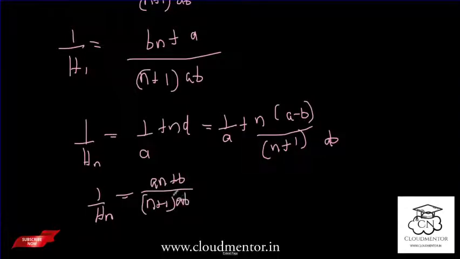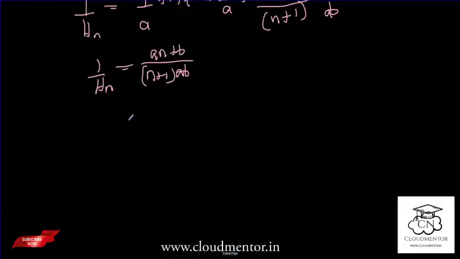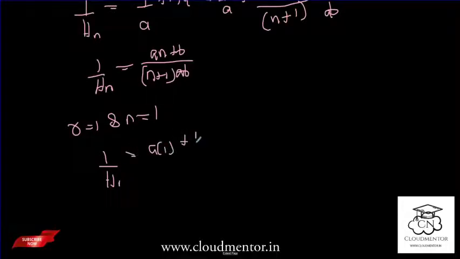So that's it. This is the general form, and if n equal to 1, then 1 by h1 is equal to (a times 1 plus b) divided by (1 plus 1) of ab.